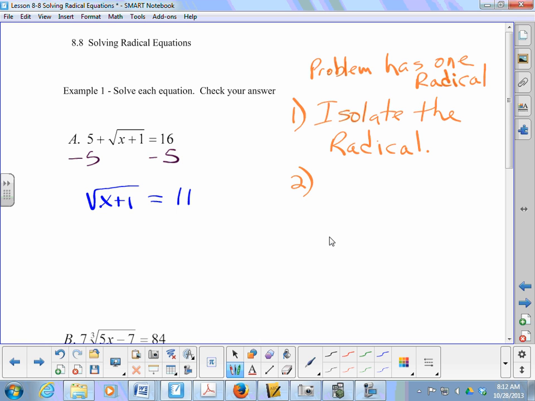Now we say we're going to square both sides, right? But in reality, what we're going to do is raise both sides to the power of the index.